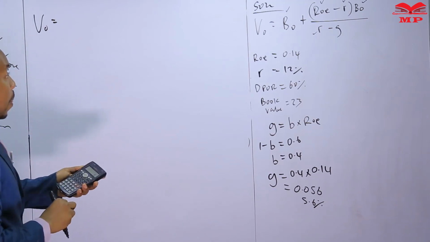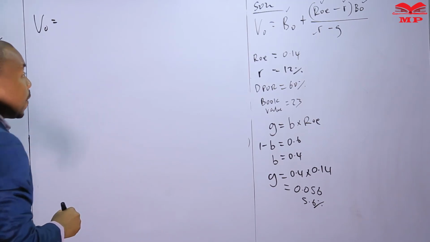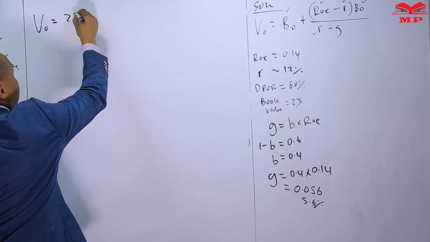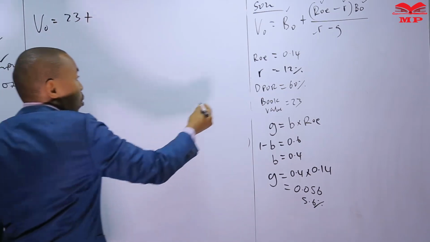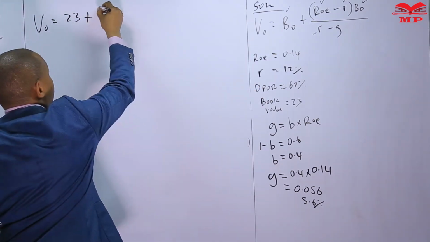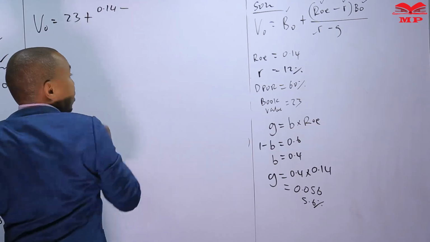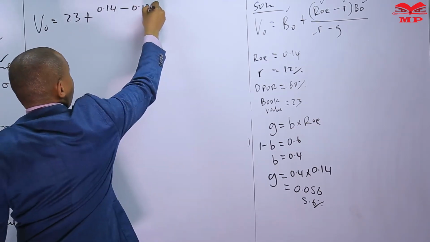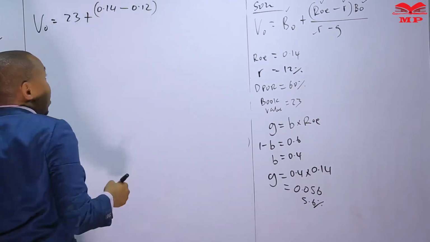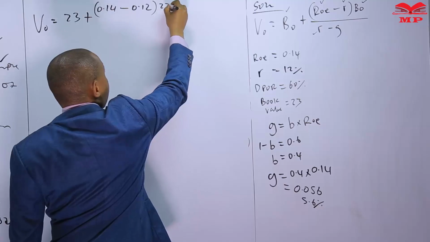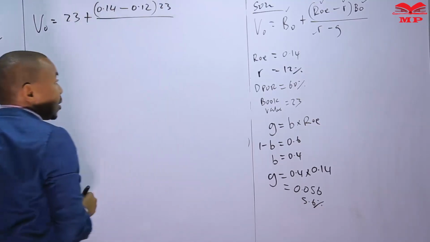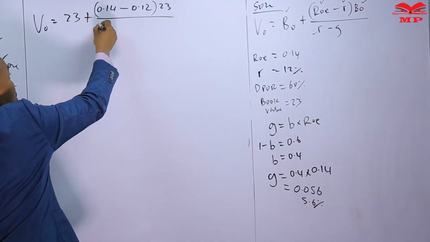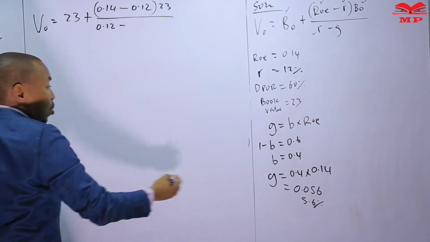So we have the B naught, the beginning book value, as 23, plus the ROE of 0.14 minus the required return 0.12, multiplied by the beginning book value of 23, over the required return 0.12 minus the growth rate, 0.056, which you've computed.